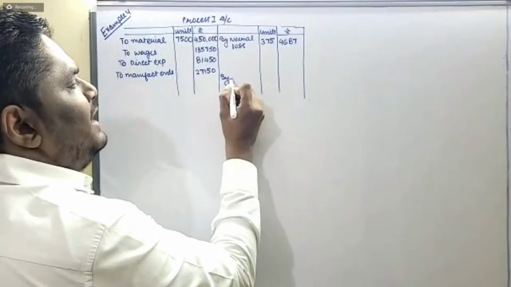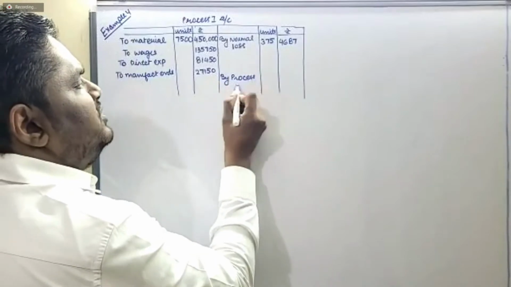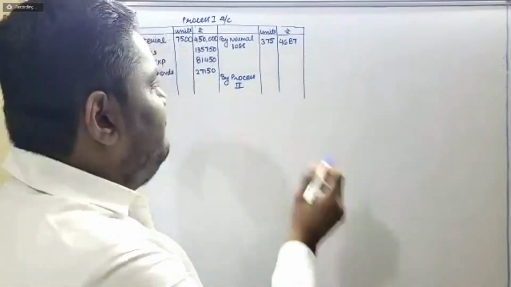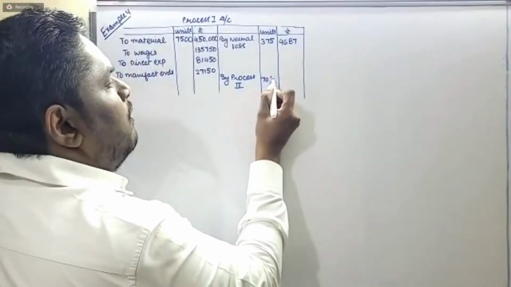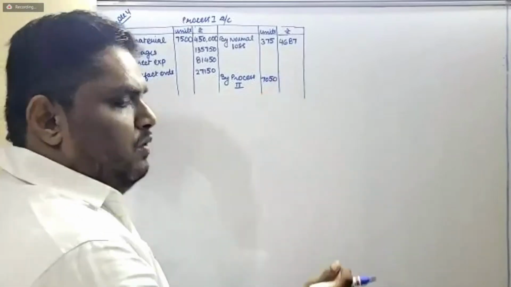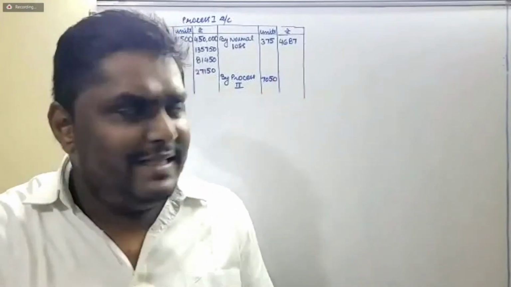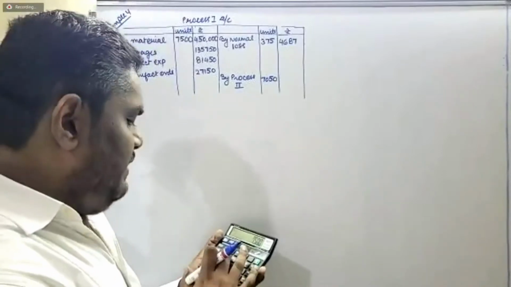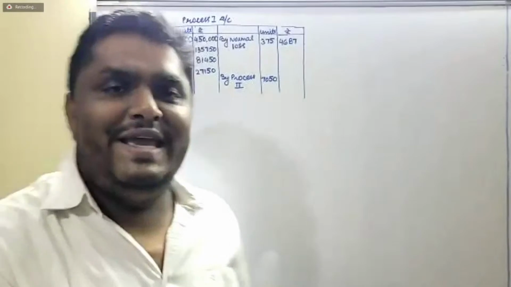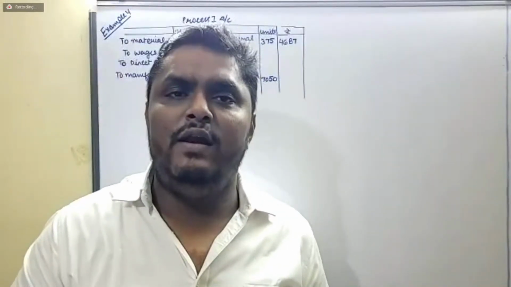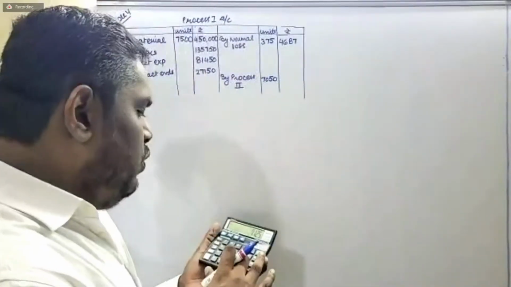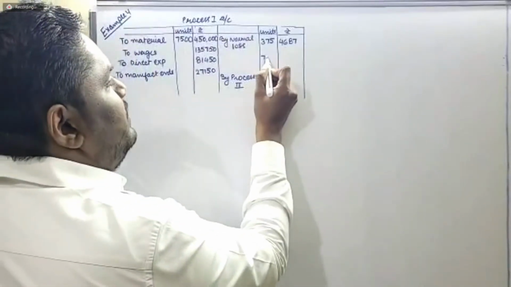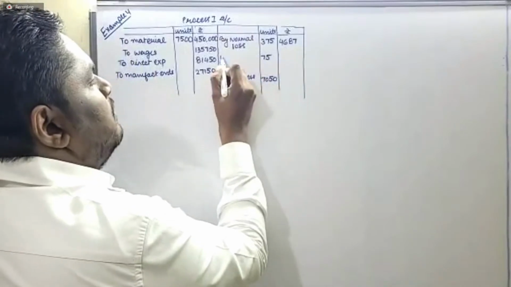Further, my output transferred to the next process is given in the question itself, that is 7,050. So the balance will be either my abnormal gain or abnormal loss. 7,500 minus 5%, my expected output is 7,125. However, I got only 7,050 units. So 75 units is my abnormal loss.